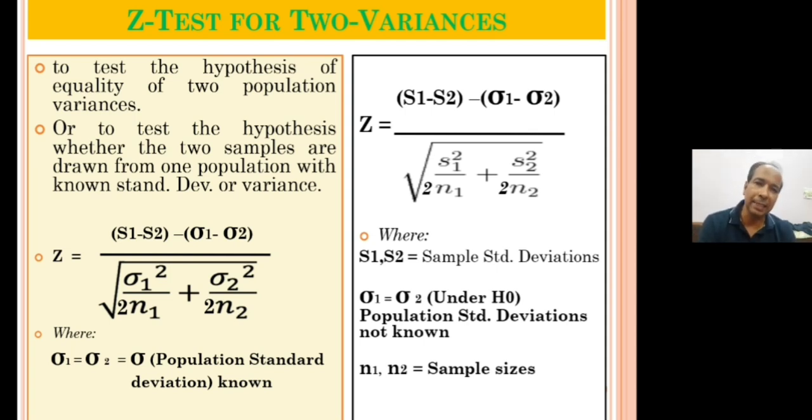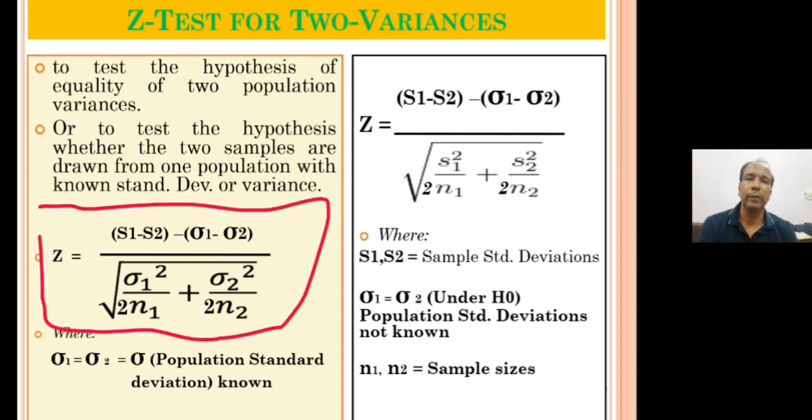This is the test statistic given here. In the first case, we can see this statistic visible before you: S1 minus S2 upon sigma 1 minus sigma 2. The null hypothesis is obvious if the standard deviations or variances of both populations are the same.